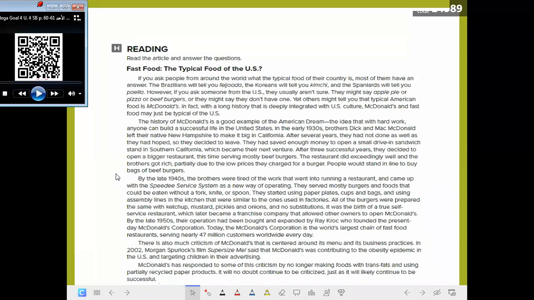Badr, I want to ask you a question related to this paragraph or the last paragraphs. The question is, what is the criticism that McDonald's faced?